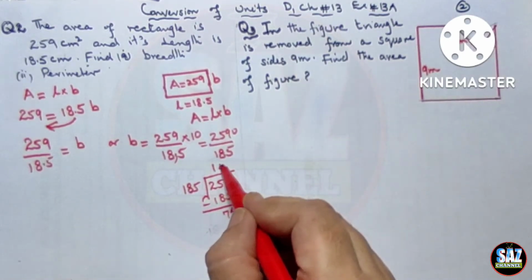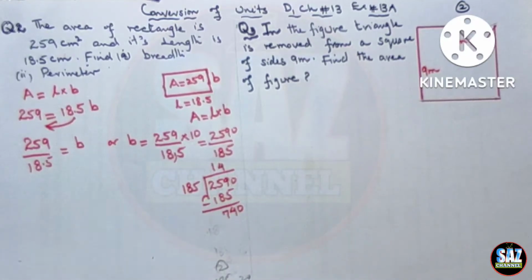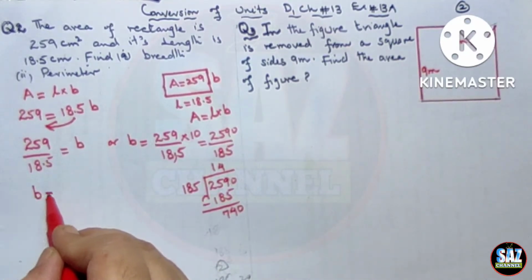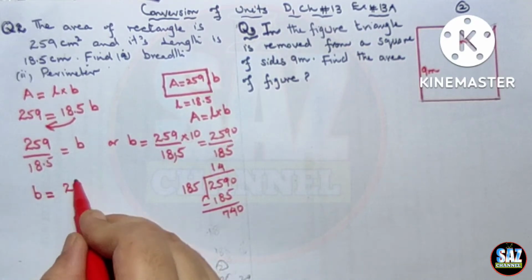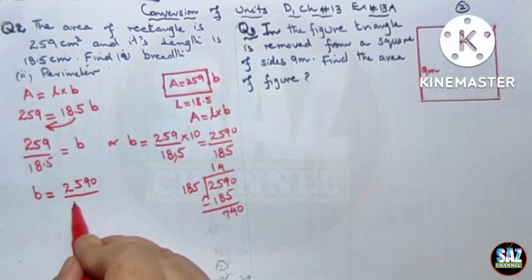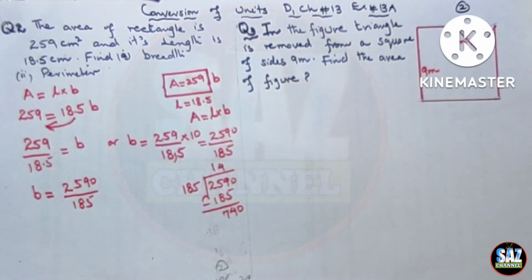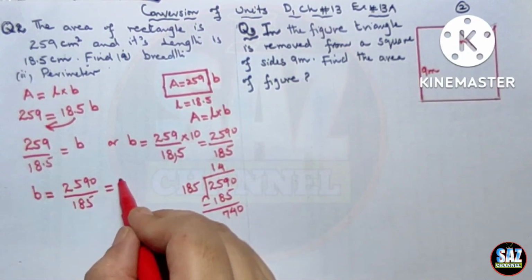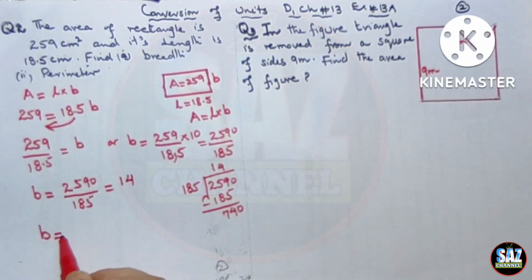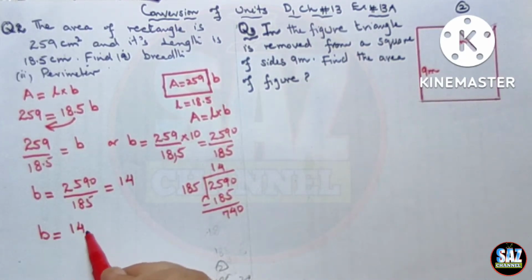This is 14. So breadth will be equal to 2590 divided by 185, and this calculation comes to 14. So breadth is 14 and the unit is centimeters.